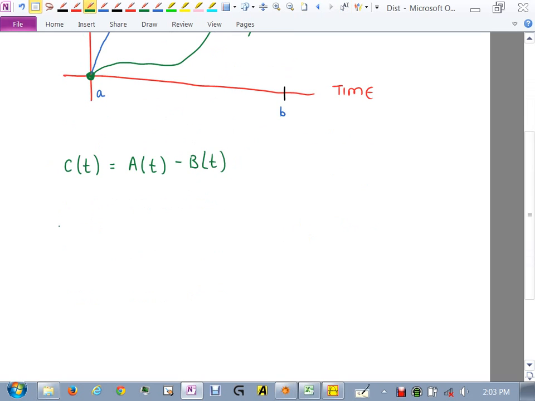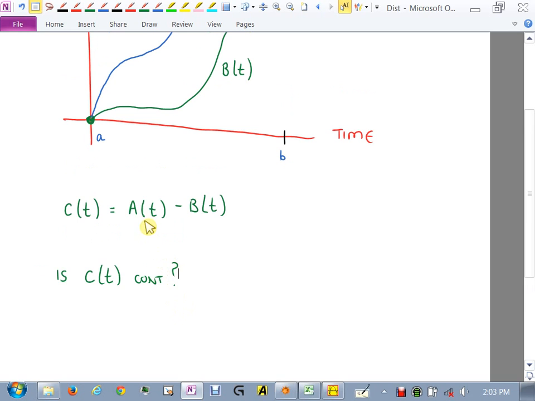Is C of t continuous? Well, is A continuous? Is B continuous? If you subtract two continuous functions, it's still continuous. When we were studying continuity, we were given that: the difference or sum of two continuous functions is continuous. So it is continuous, yes. Is C differentiable?